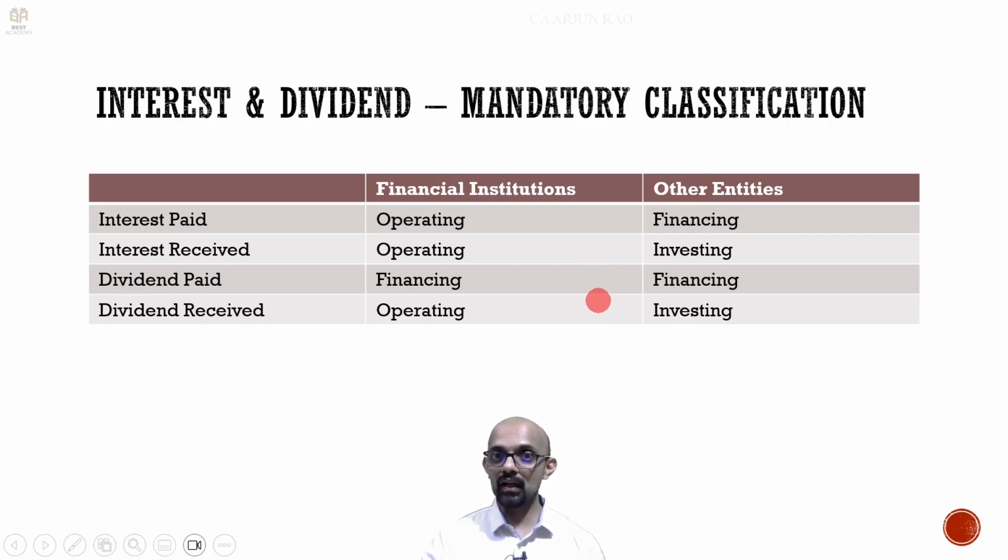Now, there are arguments to treat interest as operating also, even for other entities. But Ind AS 7 clearly specifies that interest paid has to be financing, dividend paid also has to be financing. Interest received and dividend received will be investing.